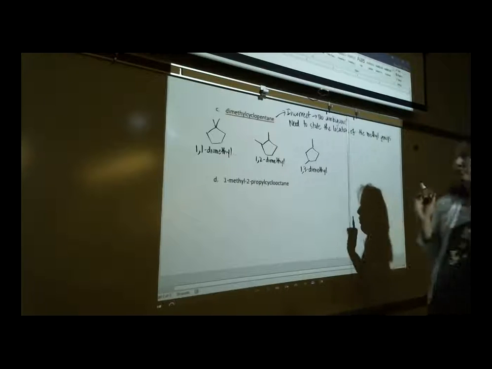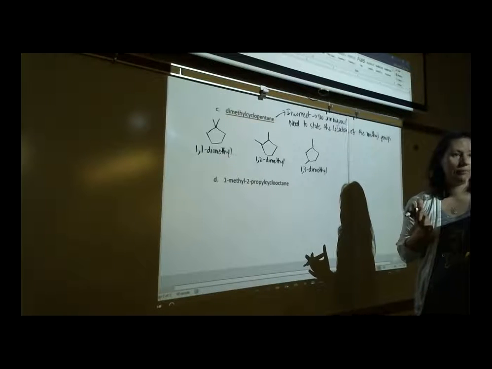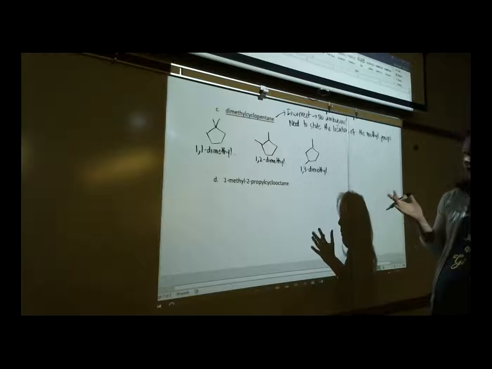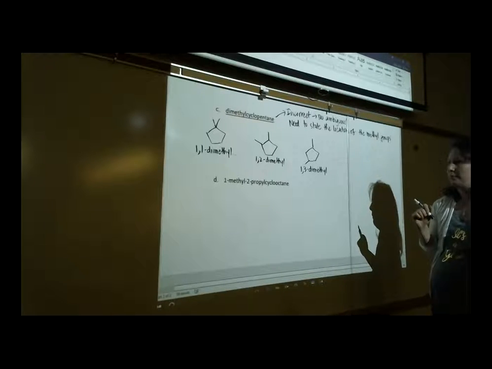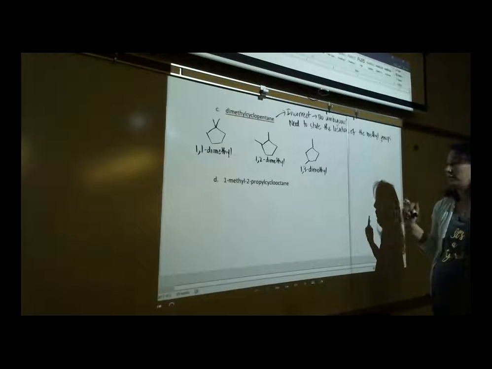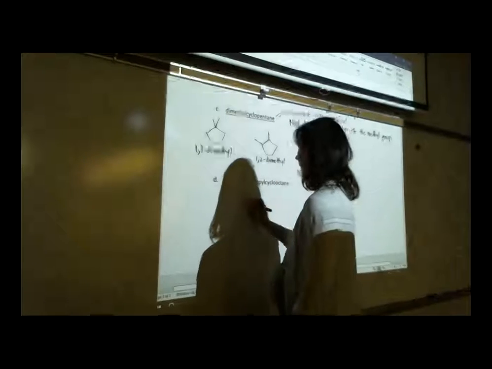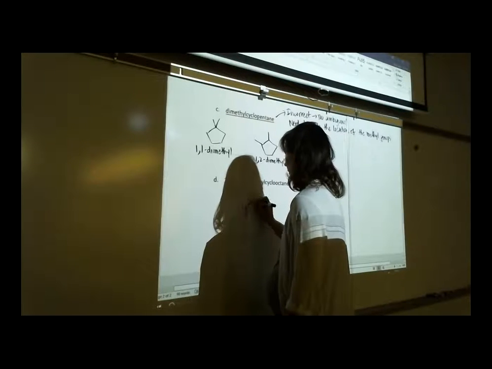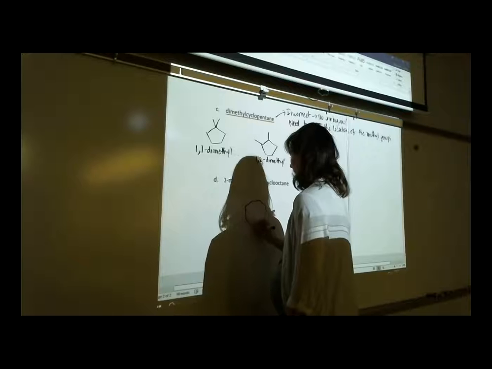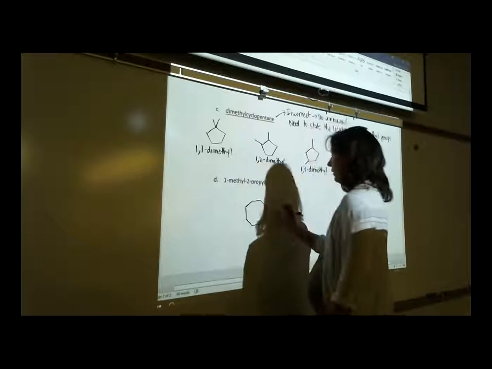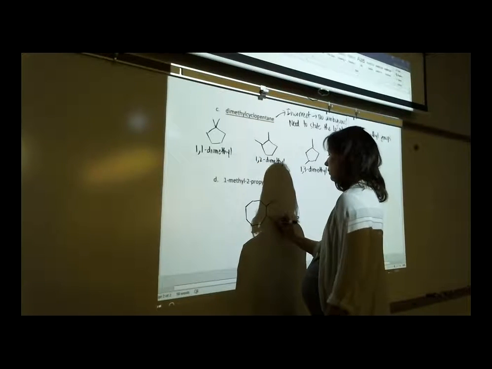If it was just methylcyclopentane, would that be okay? Right, it would be okay, because if there's only one substituent, the 1 isn't needed. But if there's more than one substituent, you've got to tell me where the substituents are found. And then last one, that's a cyclooctane. 1-methyl-2-propyl.